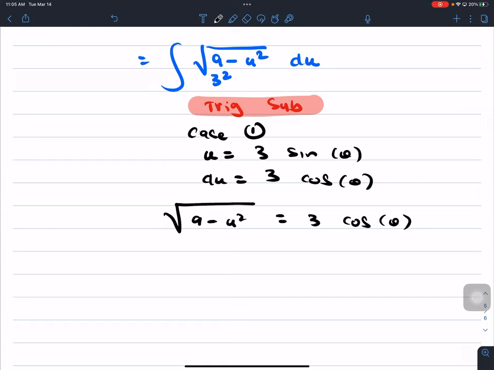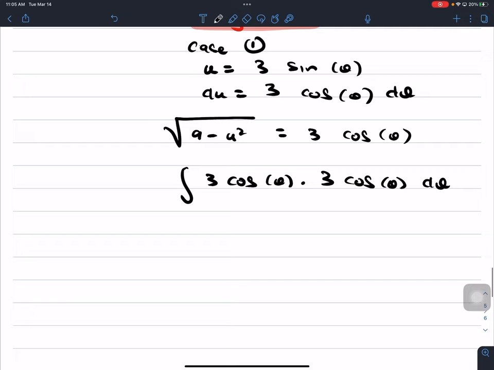So the integral becomes 3 cosine theta times du, which is 3 cosine theta d theta. Don't forget the d theta. And now this becomes 9 times the integral of cosine squared theta d theta.